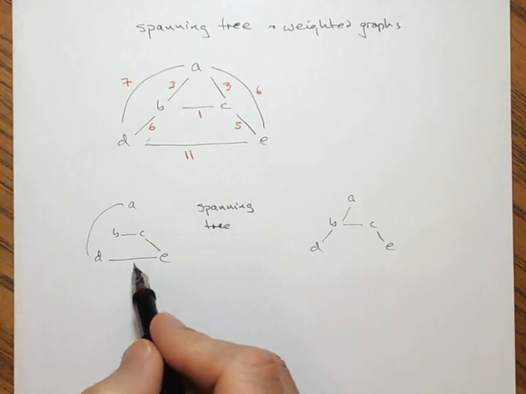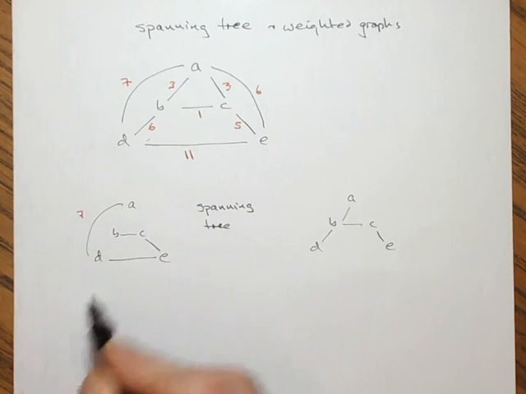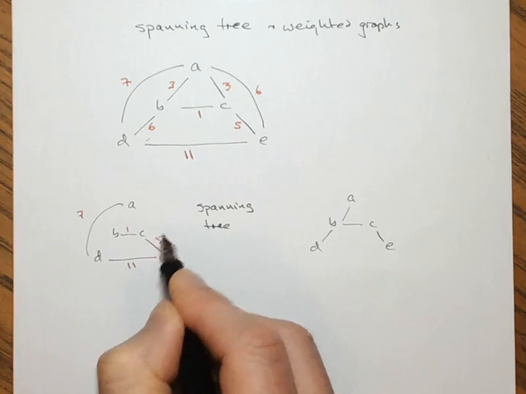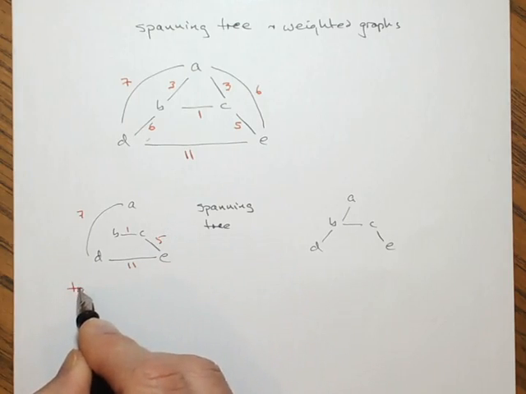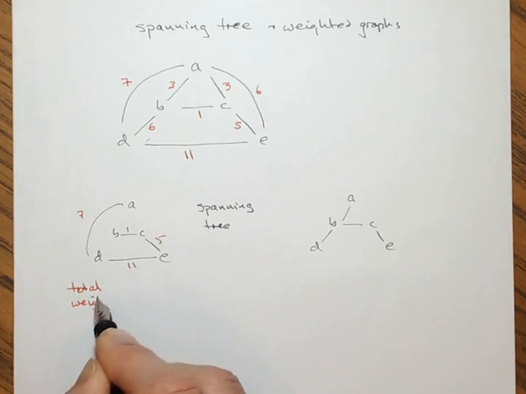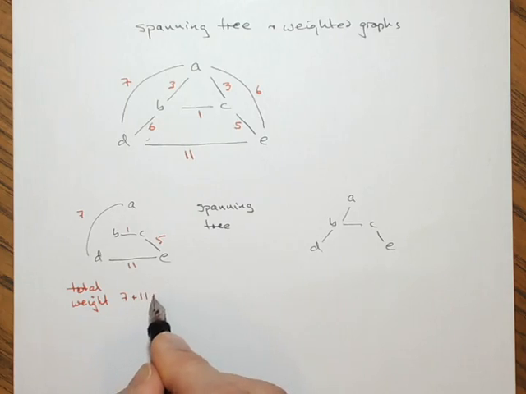If we look at the costs, for this one, 7,000 for that, 1,000 for that, 11 for that, and 5. So we talk about the total weight being 7 plus 11 plus 5 plus 1, which is equal to 18, 19, 24, I think. So maybe this costs $24,000.